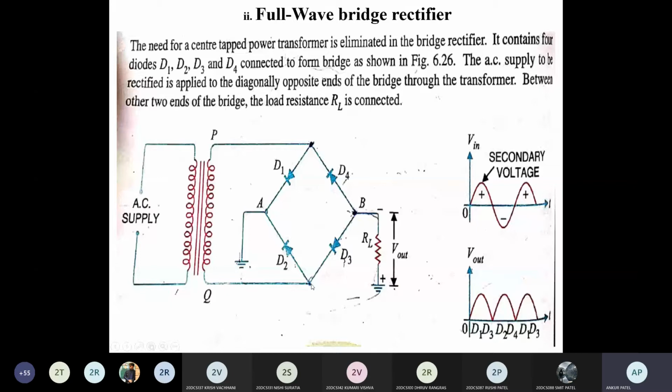So here we have higher and here we have lower potential, and current will not flow from lower to higher potential. That's why it will not follow this D2 path even though it is forward biased. So the current goes to this Q end, the negative end. Are you understanding why it follows only the D1 and D3 path? Yes, sir. Okay, so during the positive half cycle only D1 and D3 conduct.